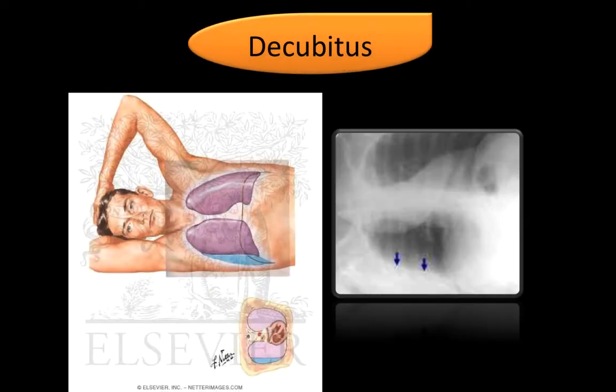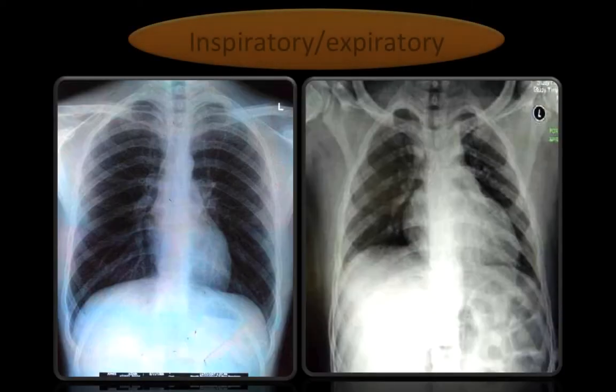And there are decubitus views, I mean when the patient is kept in a decubitus position, and it also gives us quite a lot of information when discovering abnormalities in the dependent areas.